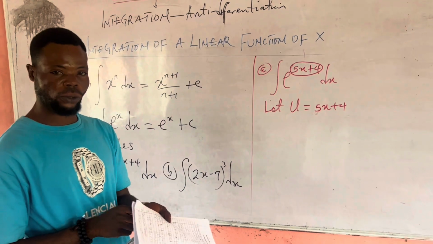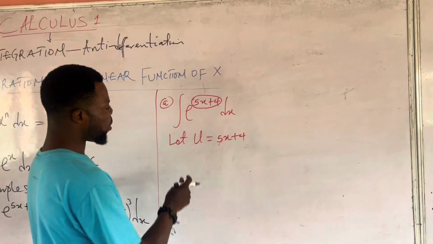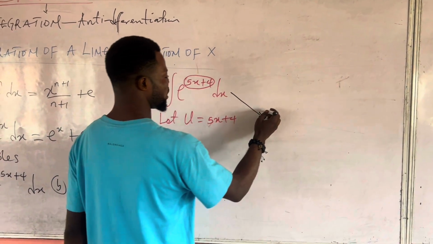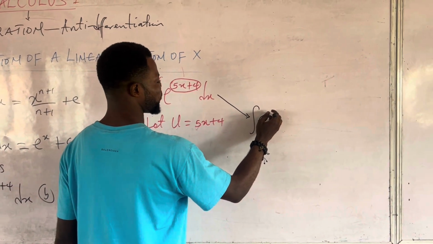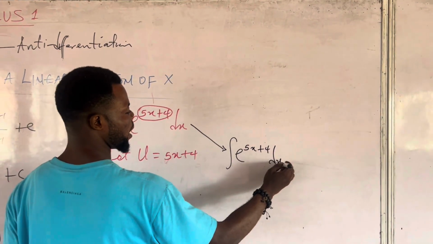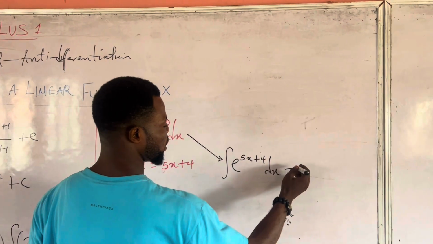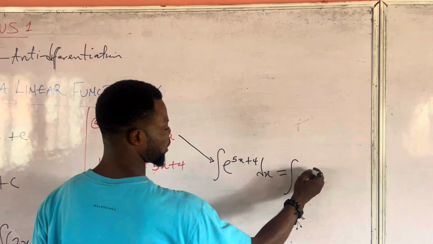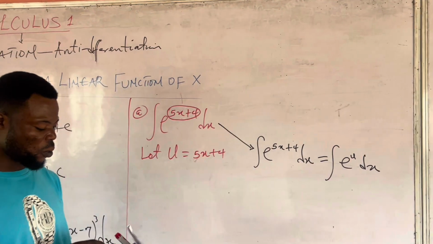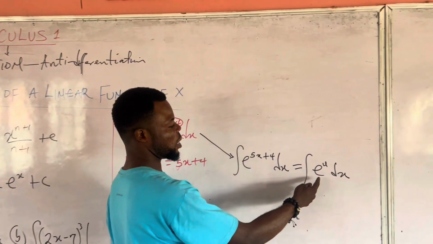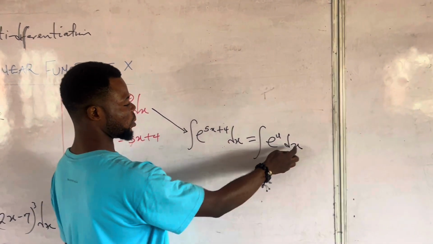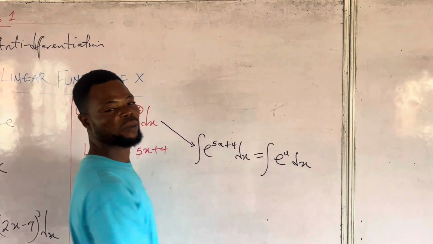If our u is this, then you agree with me that the integral of exponential 5x plus 4 with respect to x will now be equal to the integral of exponential u with respect to x. But there's no way we can integrate exponential u with respect to x here.